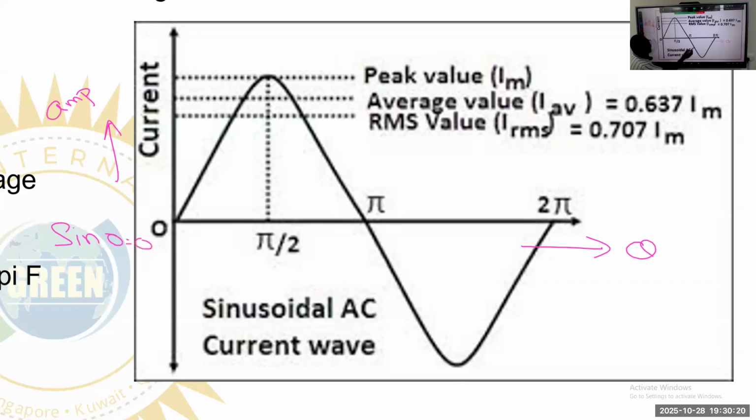Sine 0 is 0. Sine 90, maximum 1. That is 90 degrees or pi by 2, so we have a maximum value. This value we call the maximum. And here we have a negative maximum at 270.